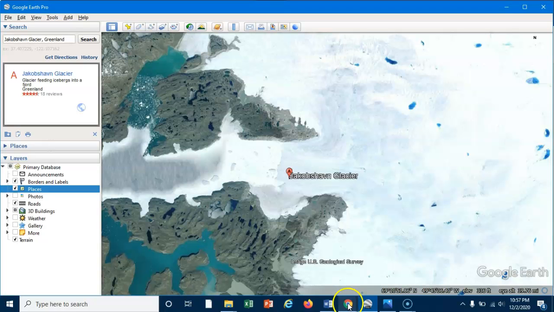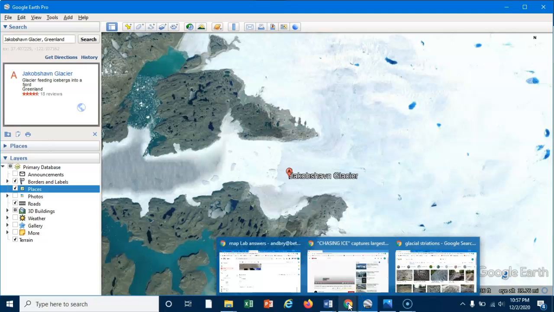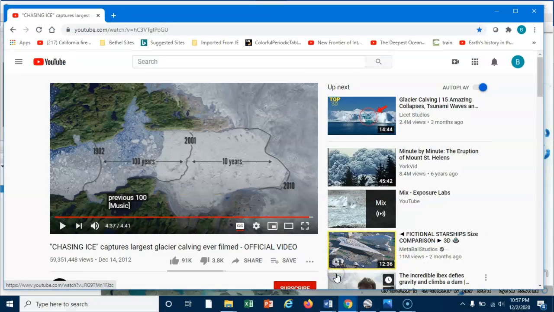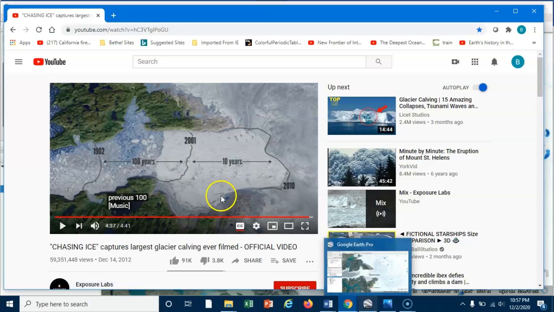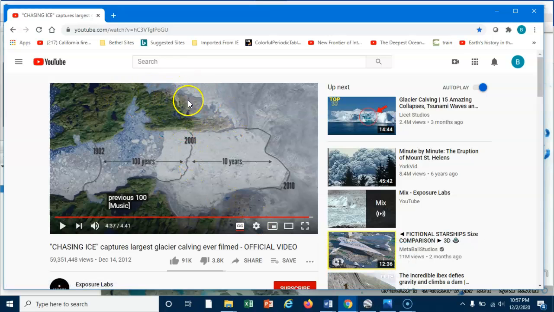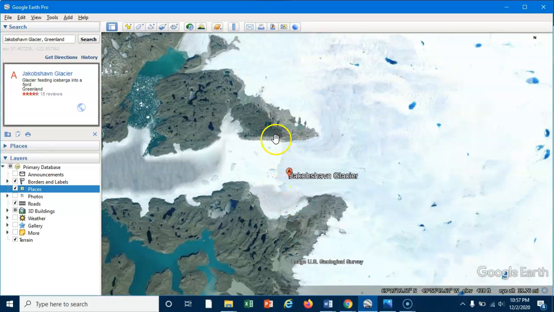So again, if we look at the clip from Chasing Ice, you can see how it had gone back. In the 2010 and the 2012 images on Google Earth it was back even farther, but now it's back to about 2001. Look at this shaped feature here, about halfway, in 2001. Go back to Google Earth, the 2020 image, about halfway.